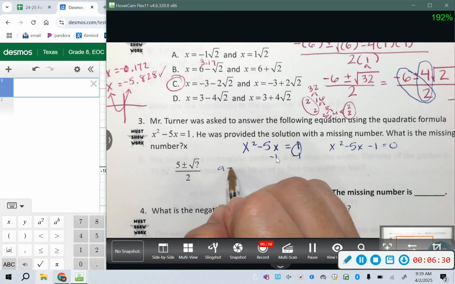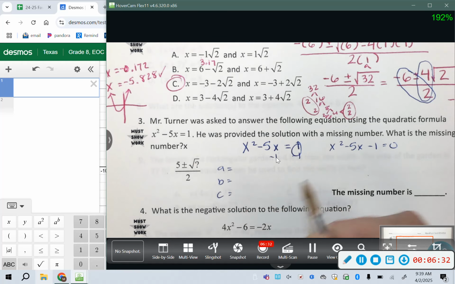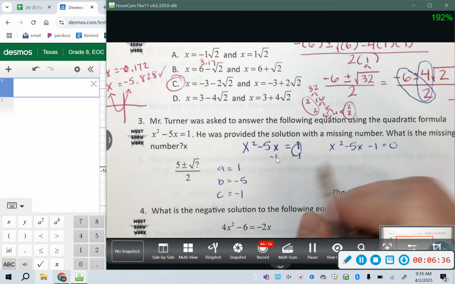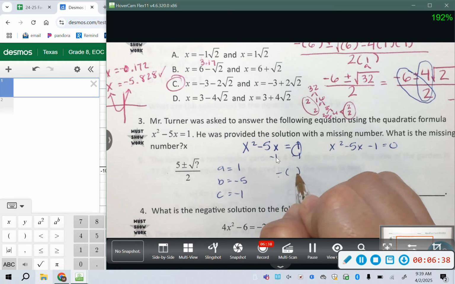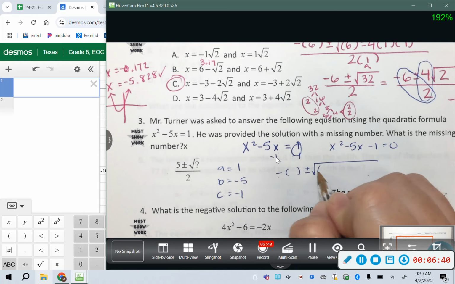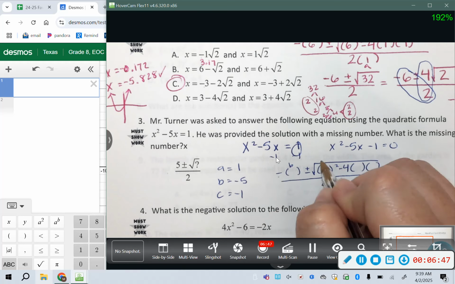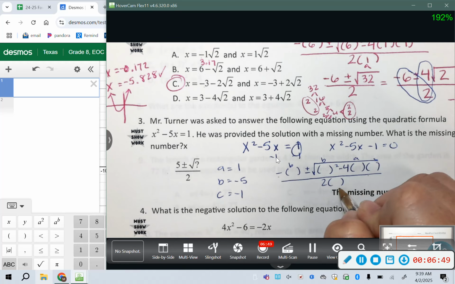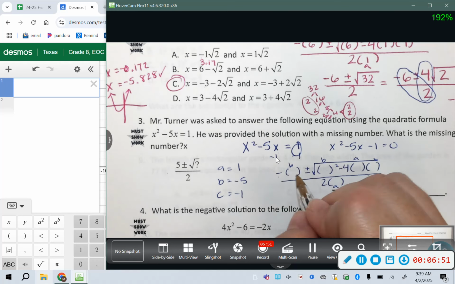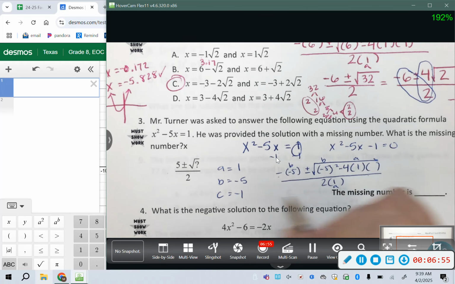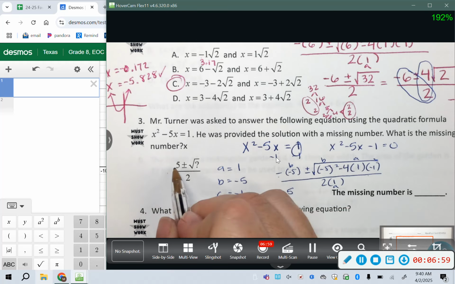And I'm going to identify my A, B, C. So A is 1, B is negative 5, C is negative 1, and I'm going to plug it in. I want you to realize 2 negatives makes a positive, which is what they had.